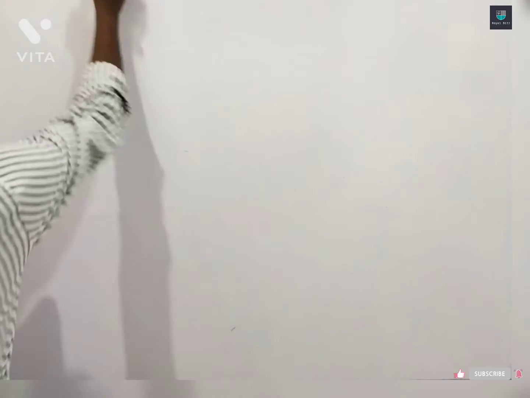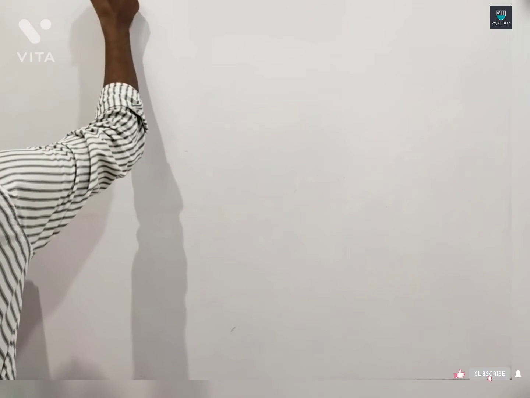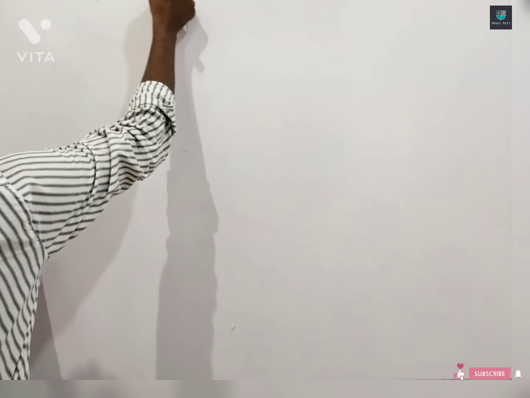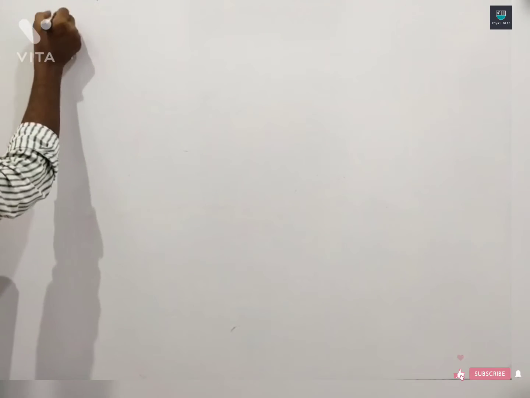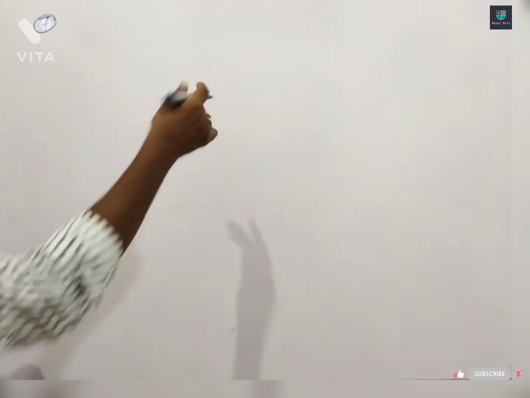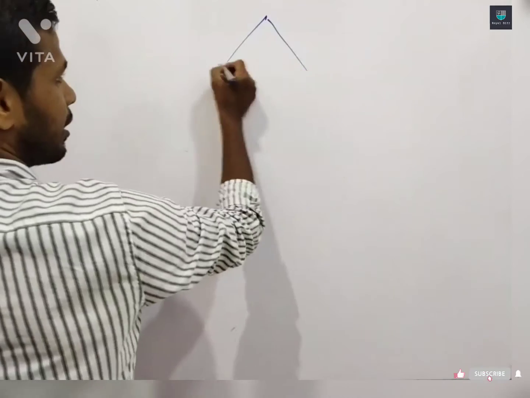Okay, so this is again page number 110, question number 7. In triangle ABC, the point P lies on AC. So we simply first sketch this.